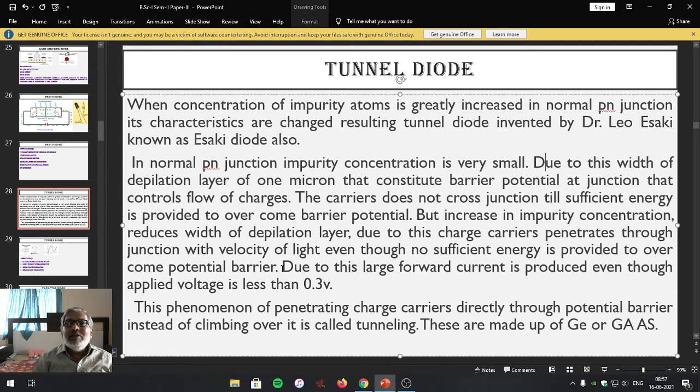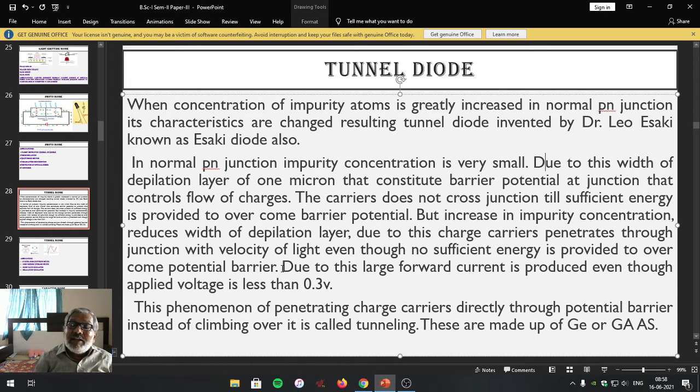But when the impurity atoms in a simple p-n junction diode are increased, it will generate a lower barrier potential, a smaller barrier, a small-size depletion layer. Due to this, without applying external energy, without connecting the power supply, the charge carriers will penetrate through the junction.